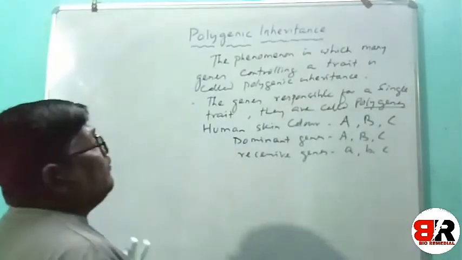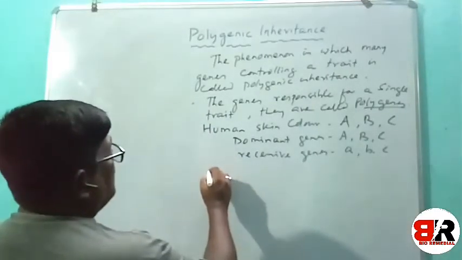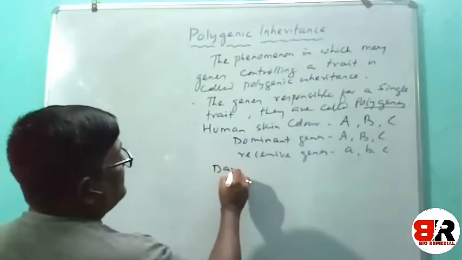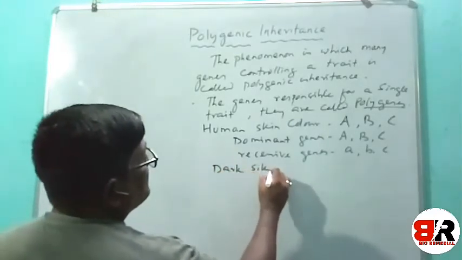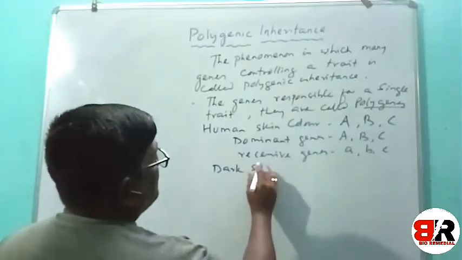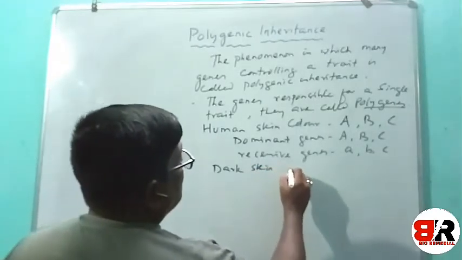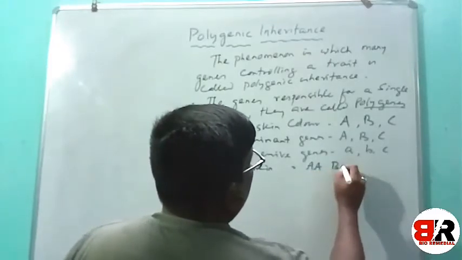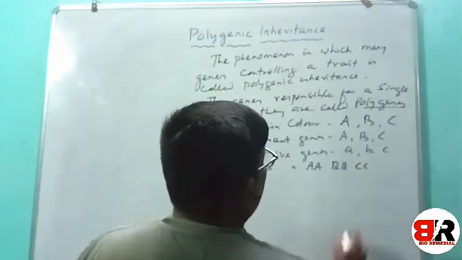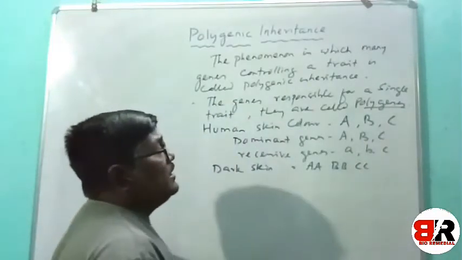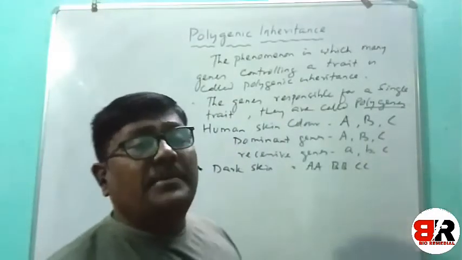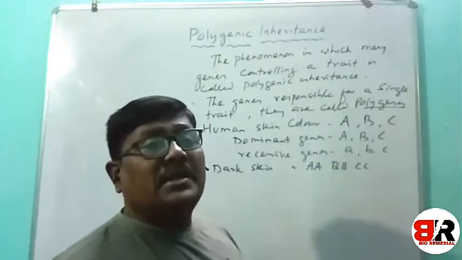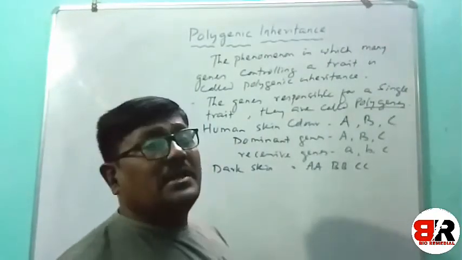That means when a person is black or dark, the dark skin is controlled by 3 pairs of dominant genes, capital AA, capital BB, and capital CC.